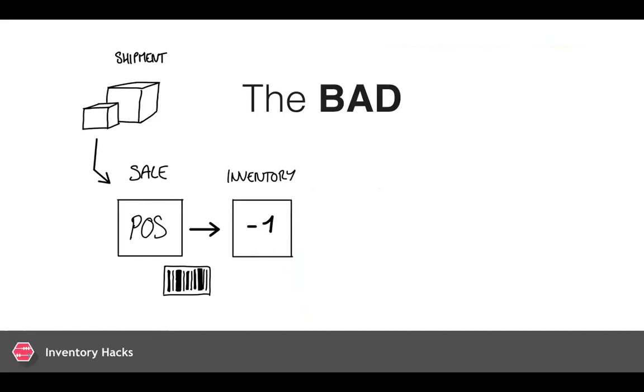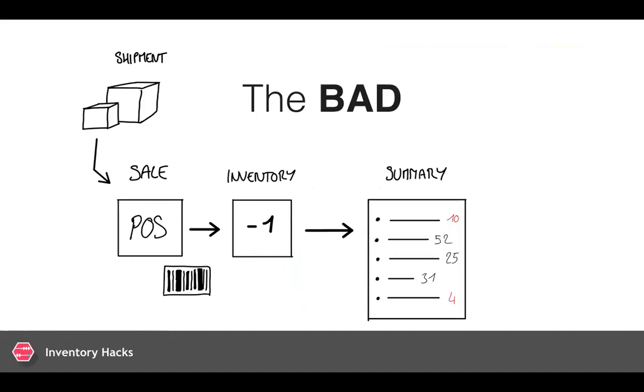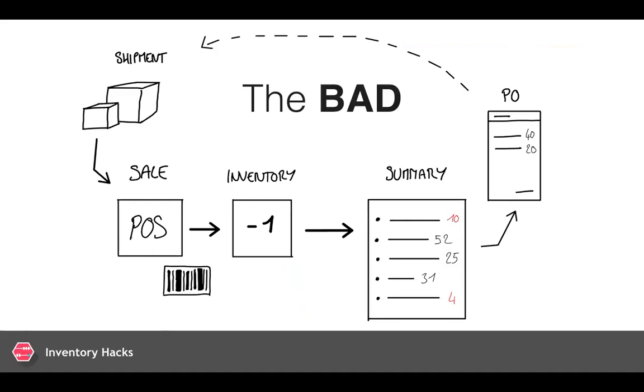At the end of the week, my friend would look at the inventory summary from the POS and send a purchase order to the vendors for the things they needed to reorder for next week. So that makes sense, right? It's a process that we all go through.